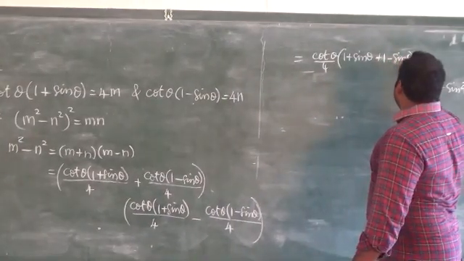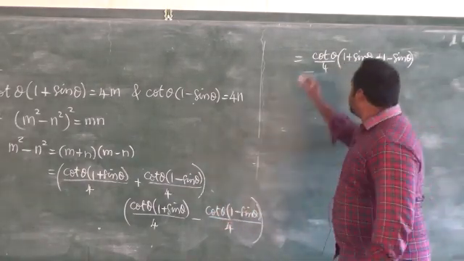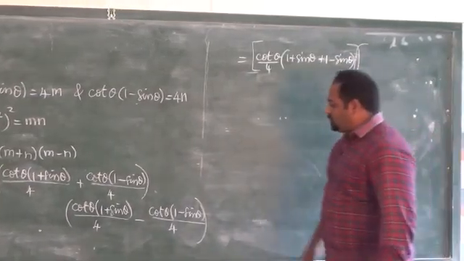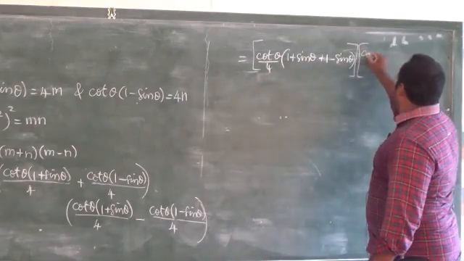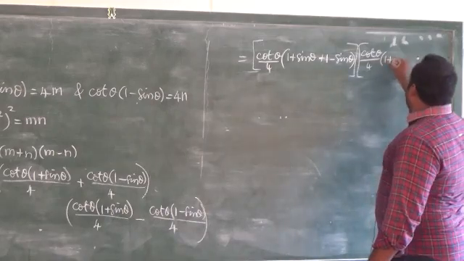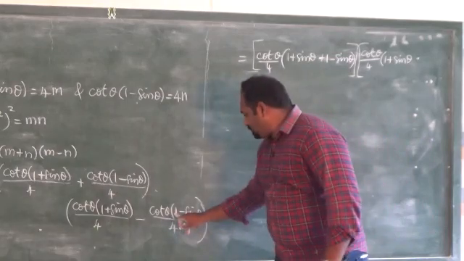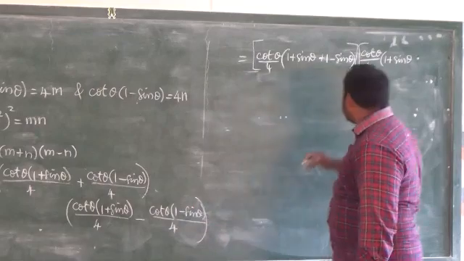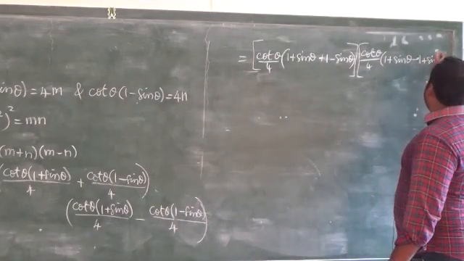In the second term, we can also take cot theta by 4 outside, into 1 plus sin theta from the first term. In the second term, 1 minus sin theta, here a minus is there, so this will be minus and this will be plus. So it will be minus 1 plus sin theta.